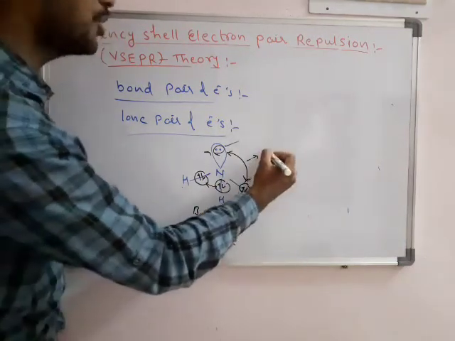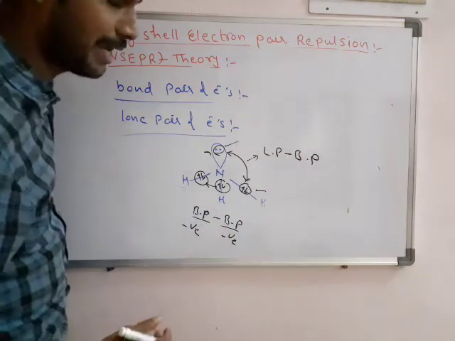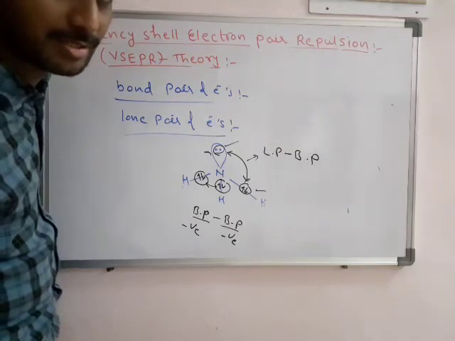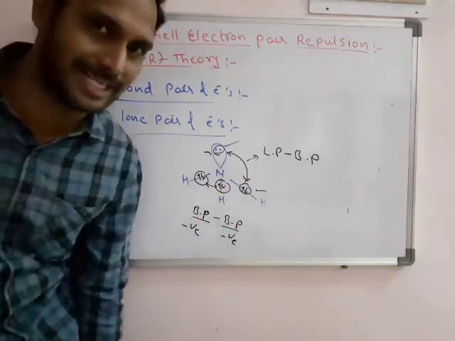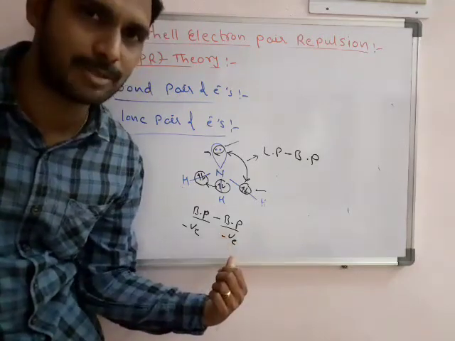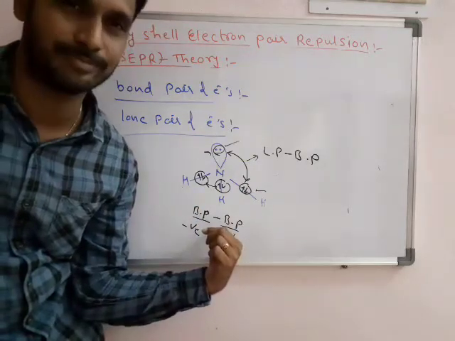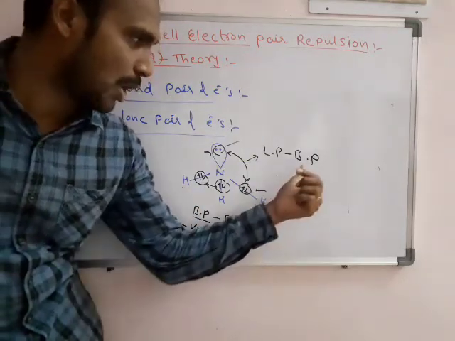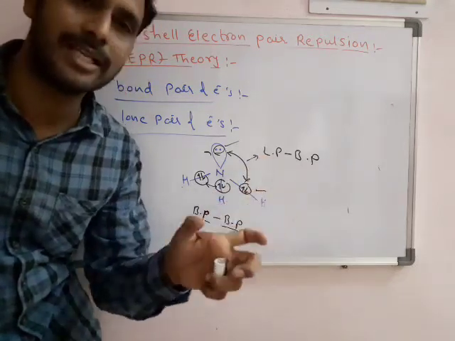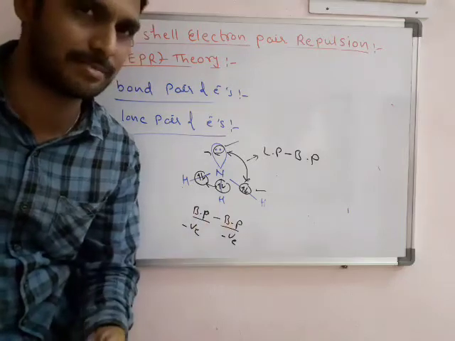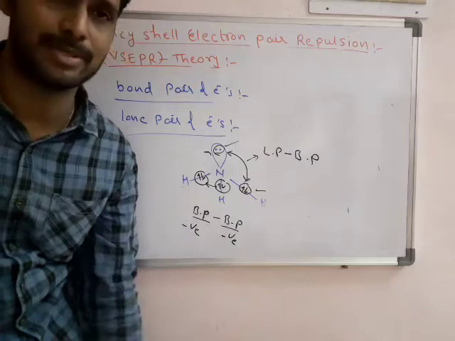This is called LP-BP repulsion, lone pair and bond pair repulsion. These are considerable and not at all negligible. So BP-BP is negligible and very small, while LP-BP has somewhat more repulsion compared to BP. Here BP is fixed but LP is not fixed, so the higher movement creates the highest repulsion. This means LP repulsion is more than BP repulsion.